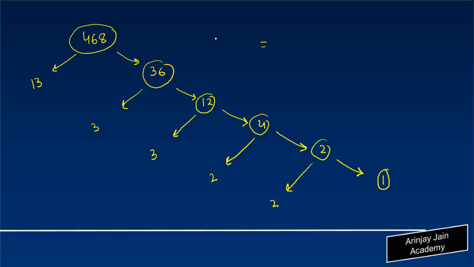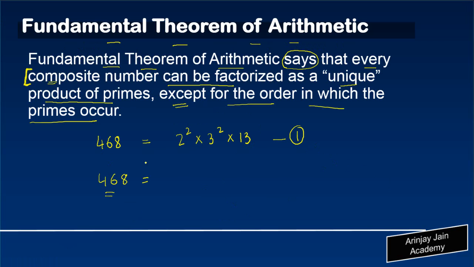So this time again 468 can be written as 13 times 3 square times 2 square. Let's put this value in the original equation that we had: 13 times 3 square times 2 square.